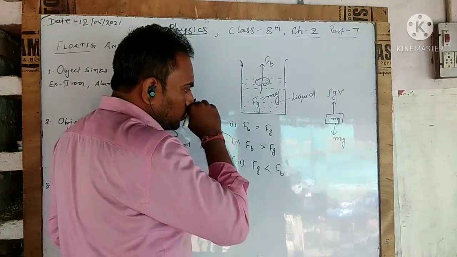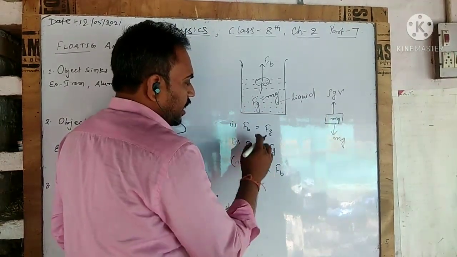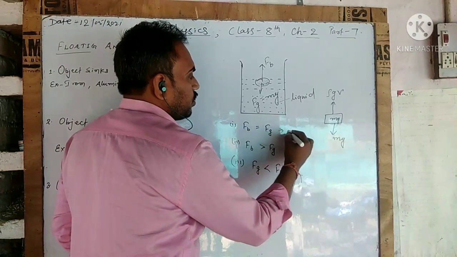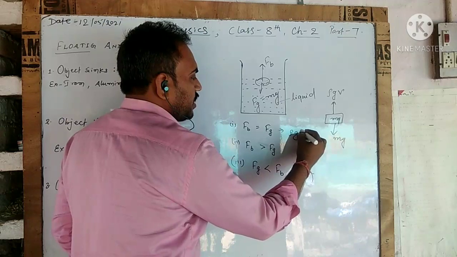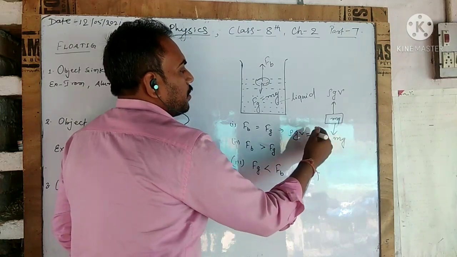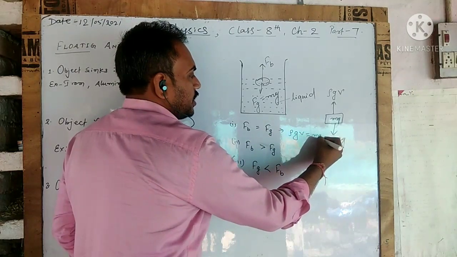From the first case, the force of buoyancy, rho g V, is equal to the force of gravity, mg.